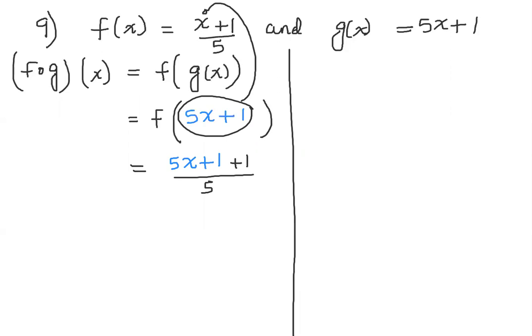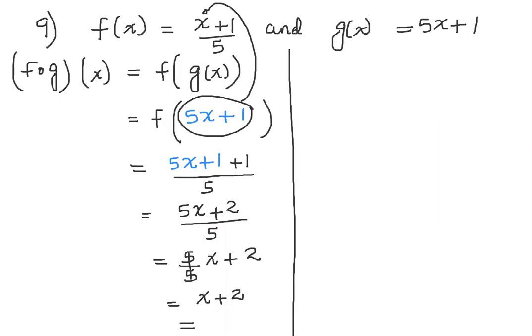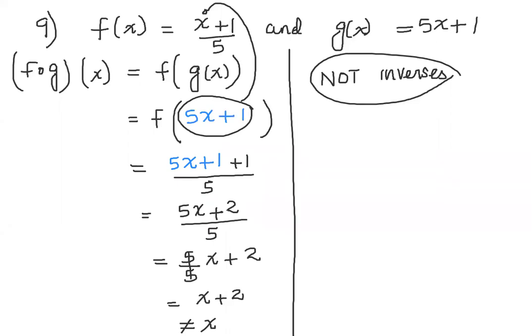So what I'm getting is 5x + 2 over 5, which, if I simplify, I'm getting x + 2, which is not x. I just want x. So once one of them fails, we don't have to go to the next step. So the answer is no, they are not inverses. You don't have to check both.